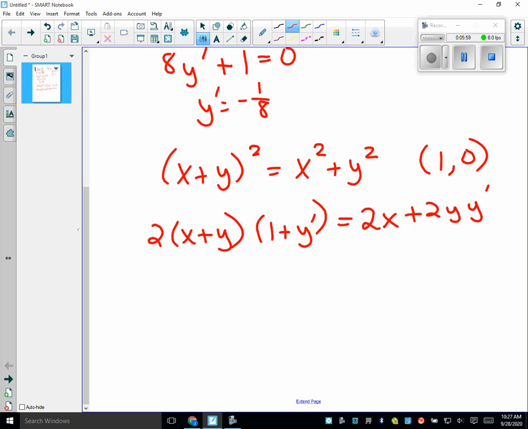Why isn't it just 2y prime? Because what's the derivative of y squared? 2y. I can't just throw that y out. So why do you have to put the y prime? Did I take the derivative of y? Yeah. Every time I take the derivative of y, I have to put y prime. What's the derivative of x? 1.